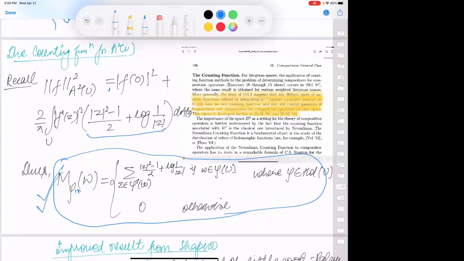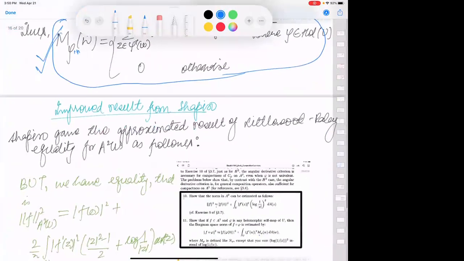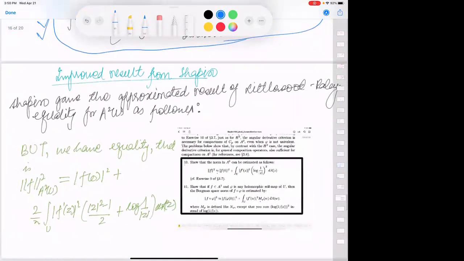So I draw the conclusion that the Nevanlinna counting function for the Bergman space should be in this manner: it should have absolute value of z squared minus 1 over 2 plus log of 1 over absolute value of z, instead of having log of 1 over z squared. So I hope you understand my point over here.